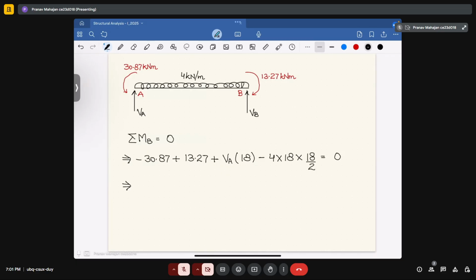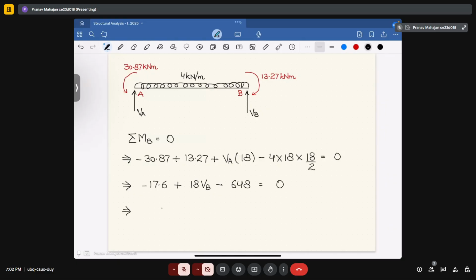So you add up everything, you will get here minus 30.87 plus 13.27. That will come out as minus 17.6 plus 18 times VB, and minus of this 18 into 2 will come out as 648, equal to 0.